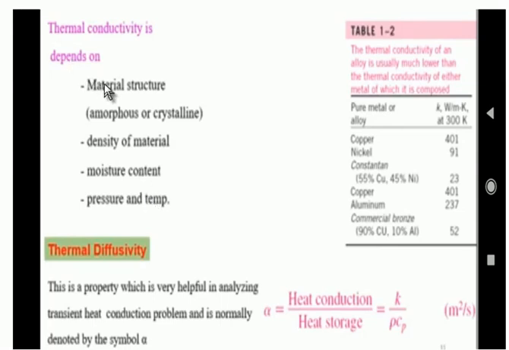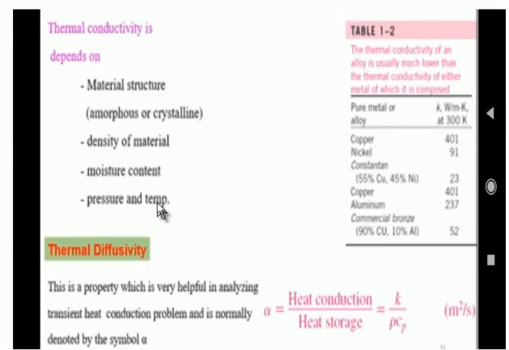It depends upon the structure of the material, how it builds its structure, whether it is amorphous or crystalline. It also depends on the density of the material, how much moisture content it includes, pressure and temperature. Based on these parameters, you can get the value of thermal conductivity.